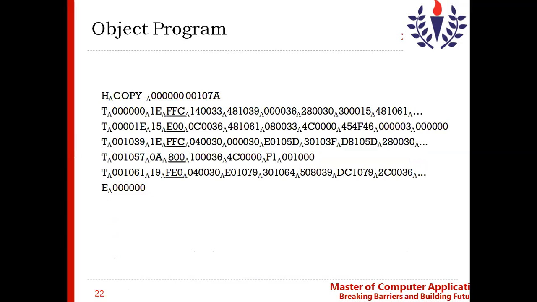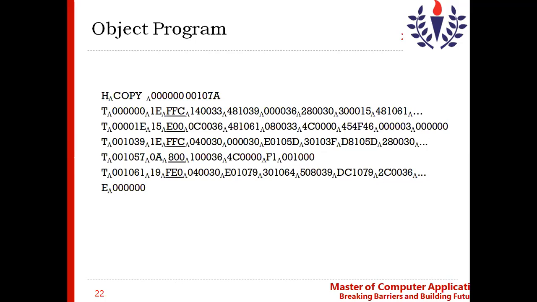So I can show you an example of how the relocation bit mask is used in the text record. So you can see the object program. T denotes the text record, and there are multiple text records we can see. The text record contains the starting address and the length of the current text record, that is 1E, which I have shown you at the time of creating the object program itself.